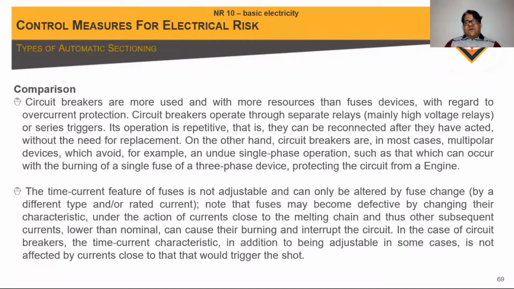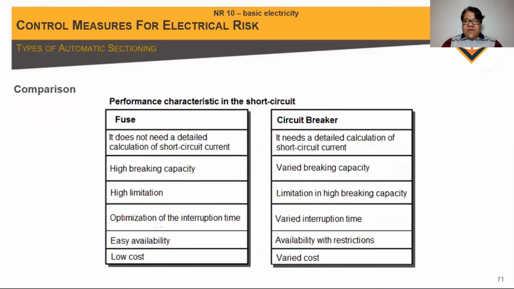In the case of circuit breakers, the time current characteristic, in addition to being adjustable in some cases, is not affected by currents close to that which would trigger the shot. So right here we have advantages and disadvantages of each one of them in the comparison.